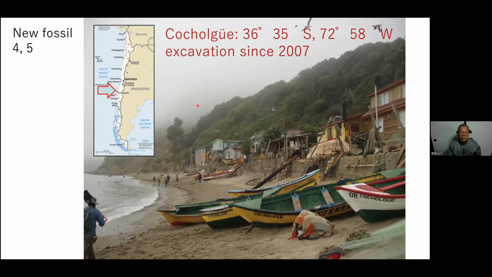And we continued the excavation since 2007 several times, and in 2010 a big tsunami wave hit here also, and these houses are almost destroyed, and the basement was raised 1 or 2 meters, and the Cretaceous Quiriquina Formation is distributed along the coastline, so we can see the elevated base of the Cretaceous sediments after 2010.